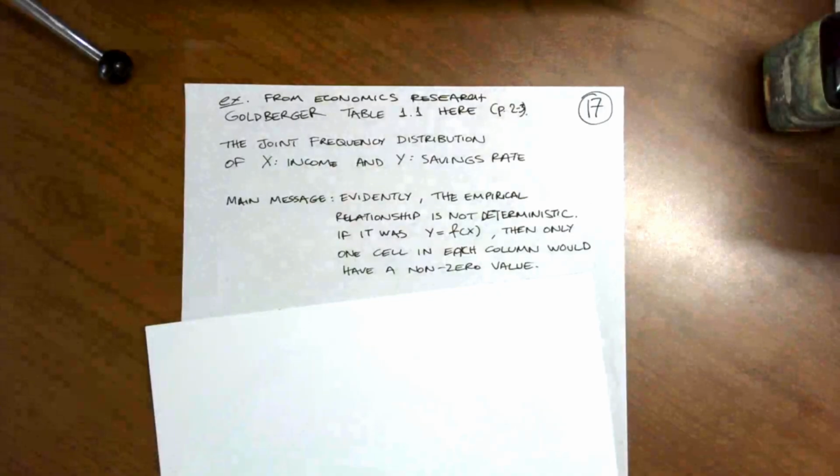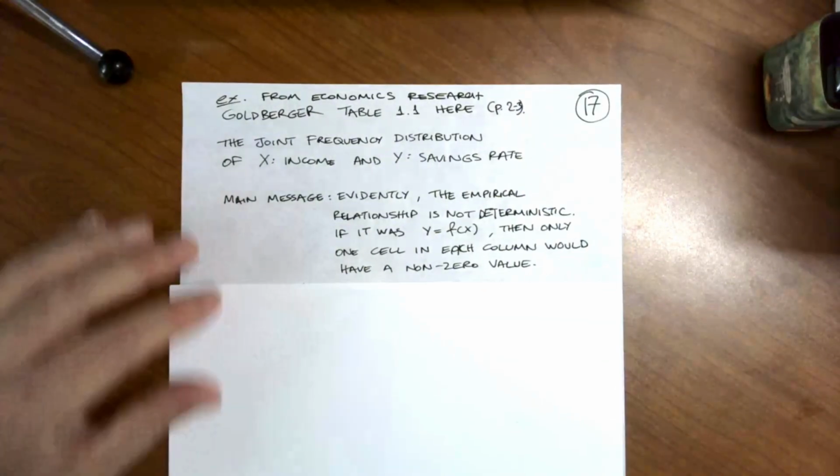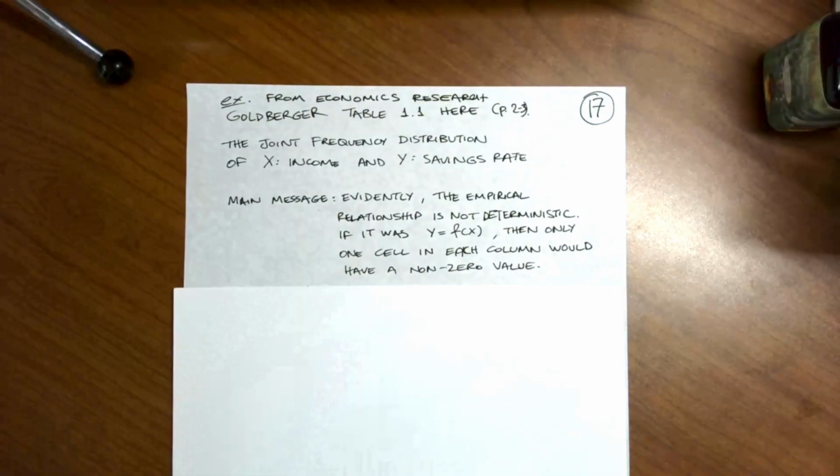So the main message here is that the empirical relationship is not deterministic. If it was, only one cell in each column would have a non-zero value.